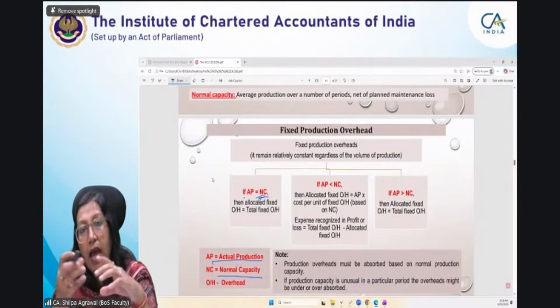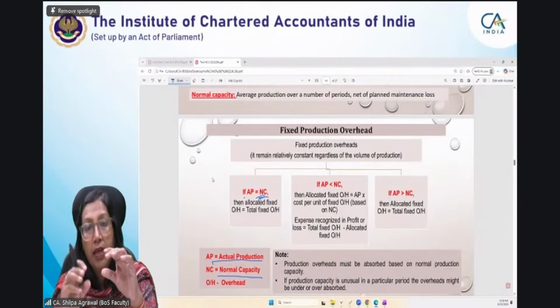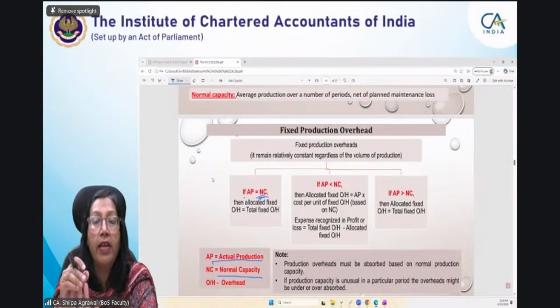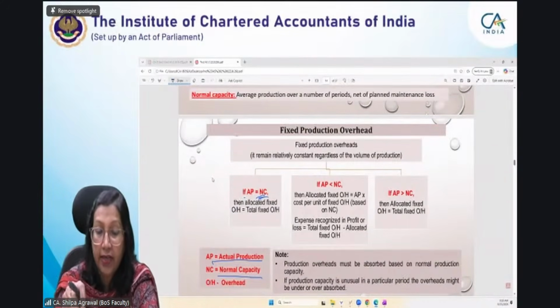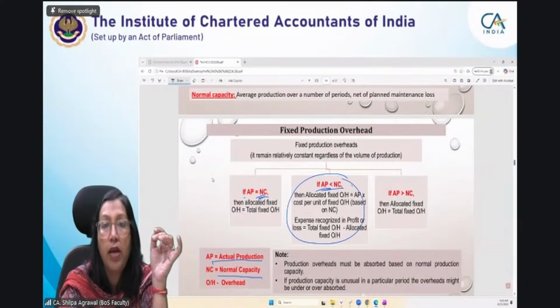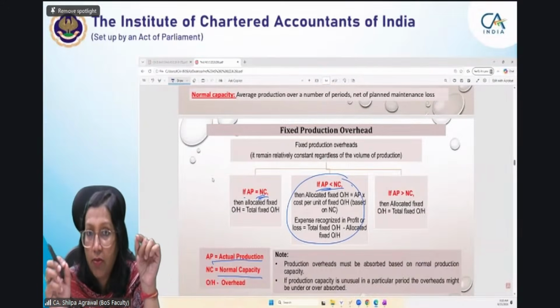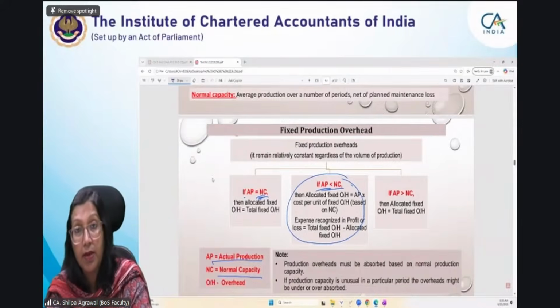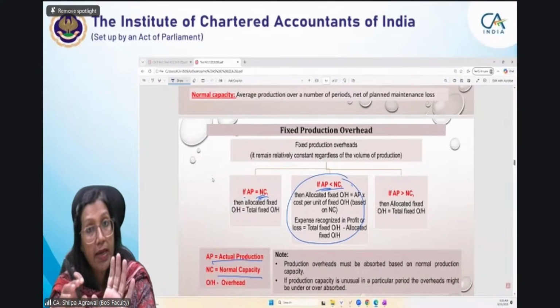So the entire fixed overhead is allocated to the production based on the normal capacity. When actual production is equal to or less than normal capacity, we allocate fixed overhead based on the normal capacity.